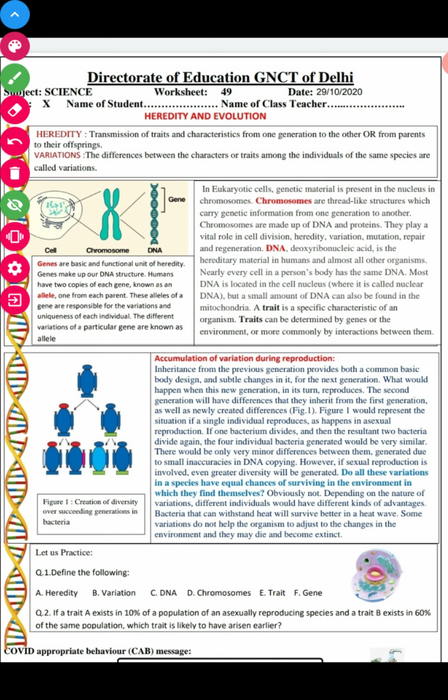What is heredity? Transmission of traits and characteristics from one generation to other, or from parents to their offspring. You must have seen that she resembles her mother, or he resembles his father.